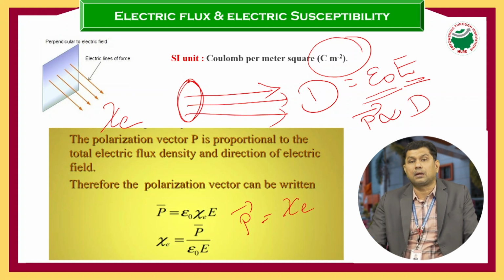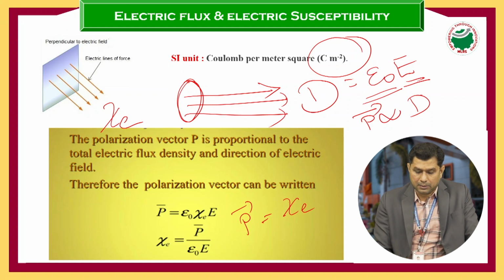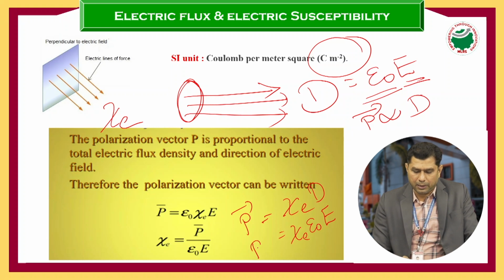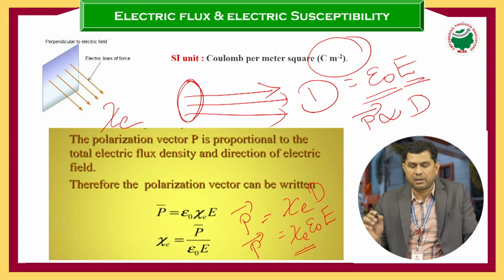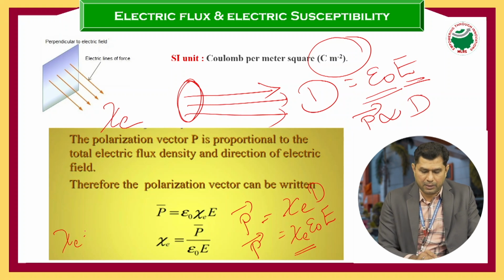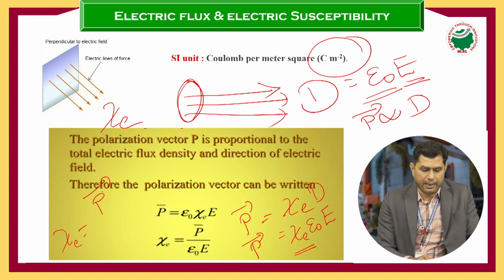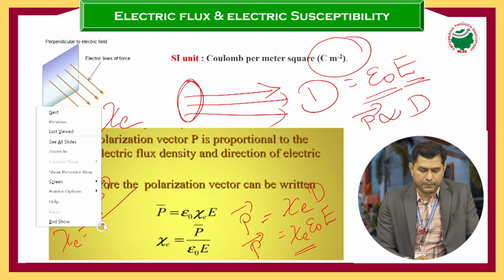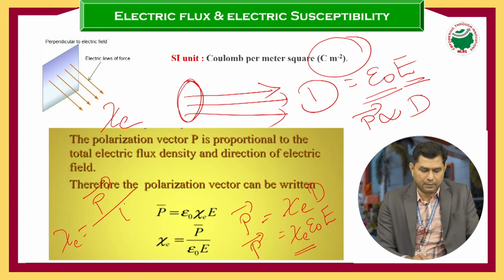That constant is called here susceptibility, and D equals to, already I told you, epsilon naught E. Here our target is to define electric susceptibility. Electric susceptibility is P bar by epsilon naught E. P bar by epsilon naught.